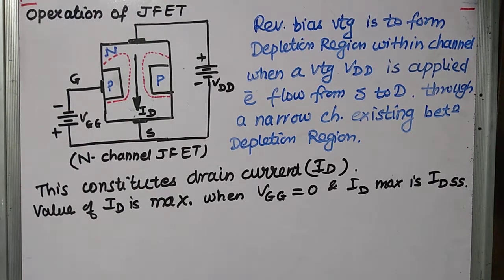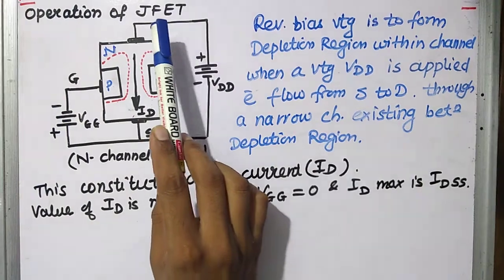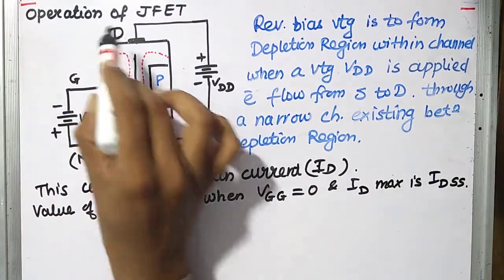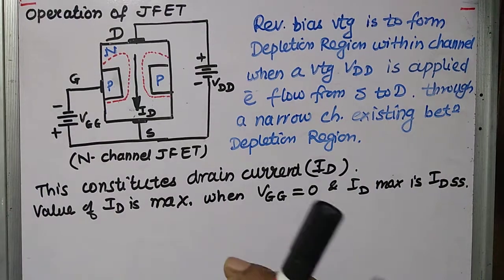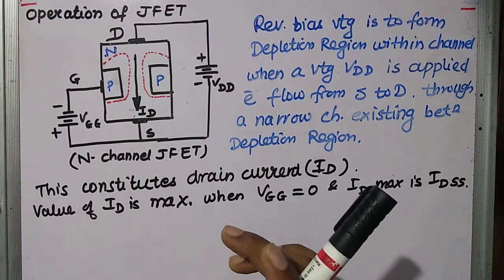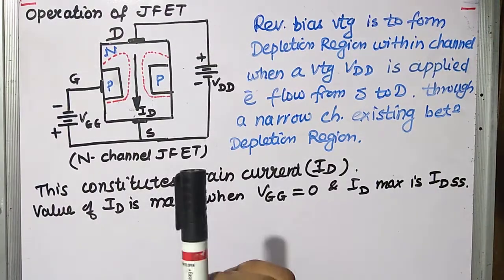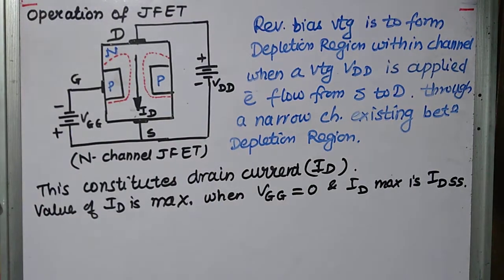Now let us discuss the operation of N-channel JFET when gate to source voltage is applied and drain to source voltage is applied. This is drain terminal and this is source terminal. We know that the application of negative gate voltage or positive drain voltage with respect to source reverse biases the gate to source junction of the N channel JFET.